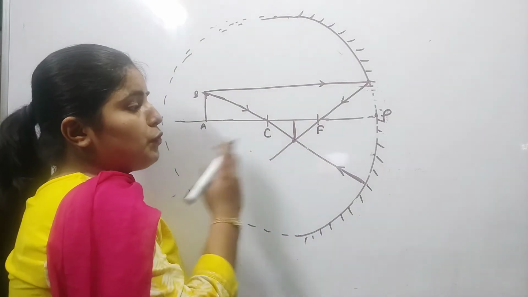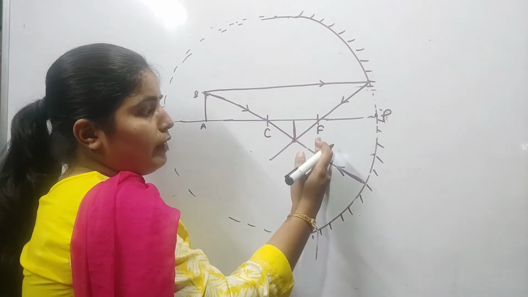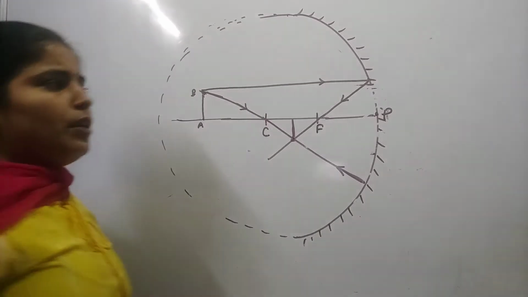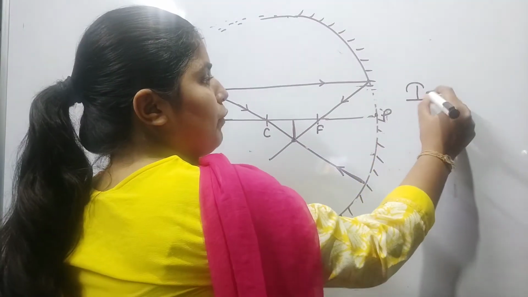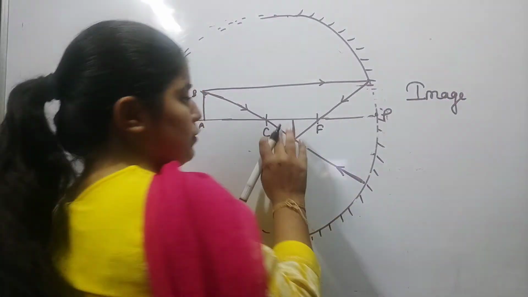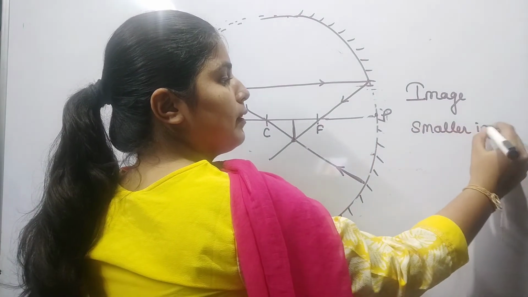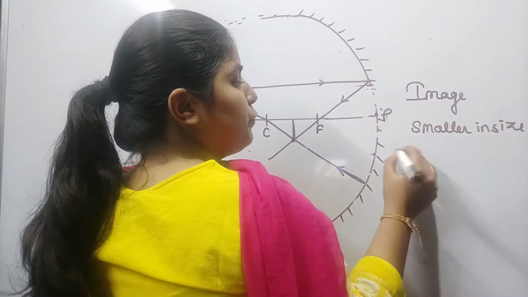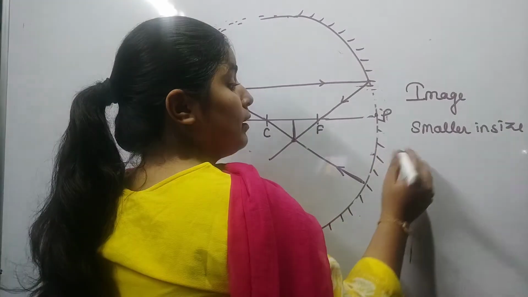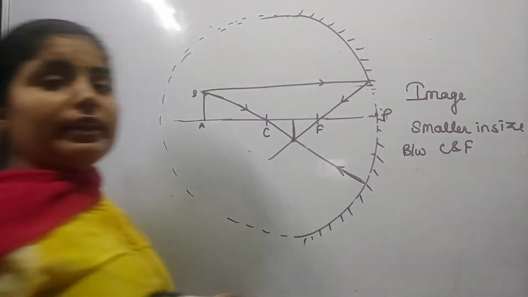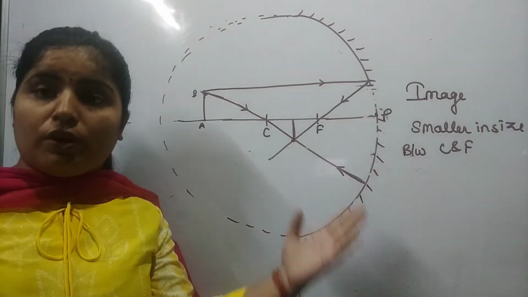We see that these two reflected rays meet each other at this one point. So the image which is formed is in between the center of curvature and focus, and it is smaller in size. So what will be the characteristics of the image? The image which is formed is smaller in size, and it is formed between C and F, that is, the center of curvature and the focus.